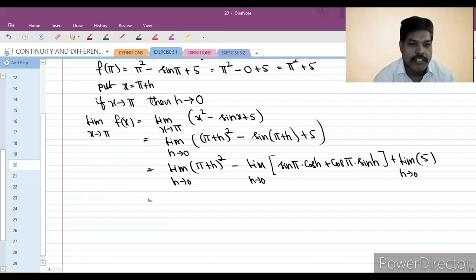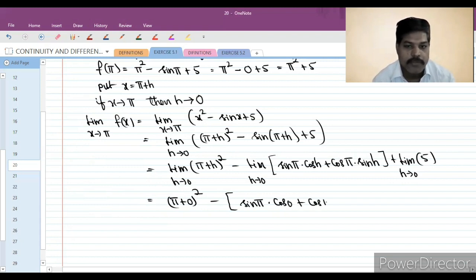What happens, students? If we apply the limit, h becomes 0. So it will become pi plus 0 whole square minus sin pi into cos 0 plus cos pi into sin 0, plus 5 remains the same.